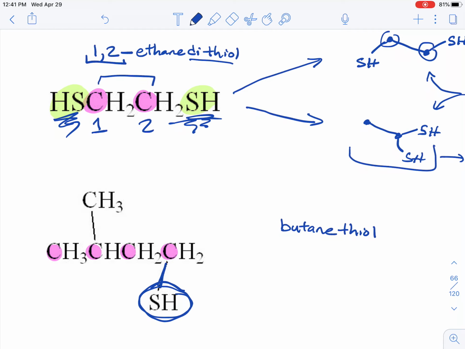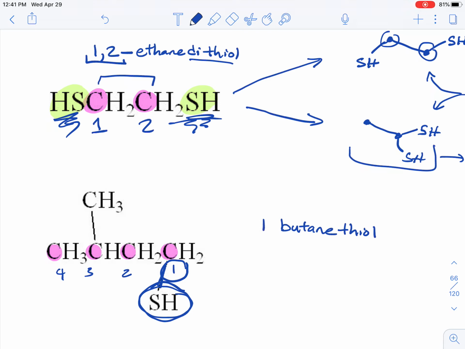And so if you're numbering it from left to right, I have 1, 2, 3, 4. And if you go from right to left, I have 1, 2, 3, 4. And so it looks like the numbering system going from left to right is wrong. And the numbering system going from right to left is correct, because we would get a lower carbon number if we numbered our chain from right to left.